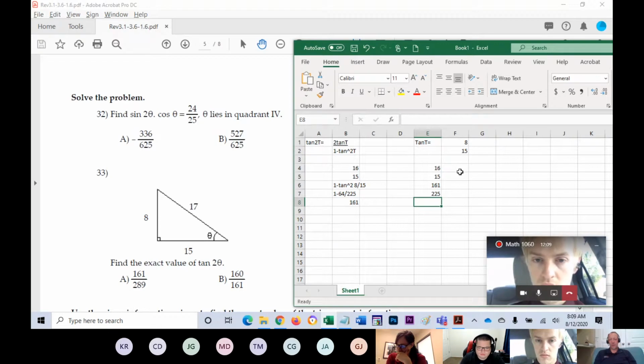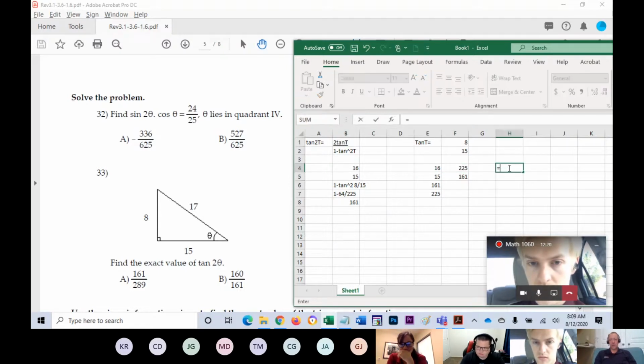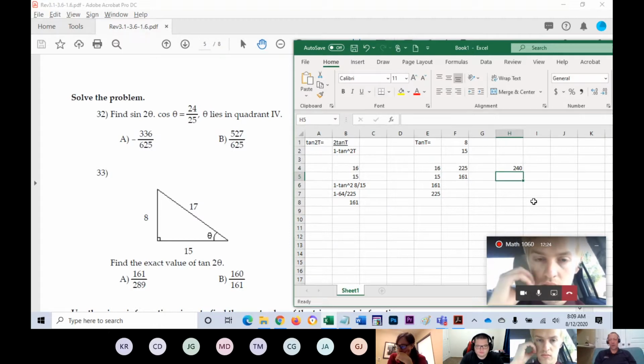I can flip those, and that gives me 225 over 161. The 15 is going to go into there, so I end up with 16 times 15, which is 240 over 161. Does that make sense?